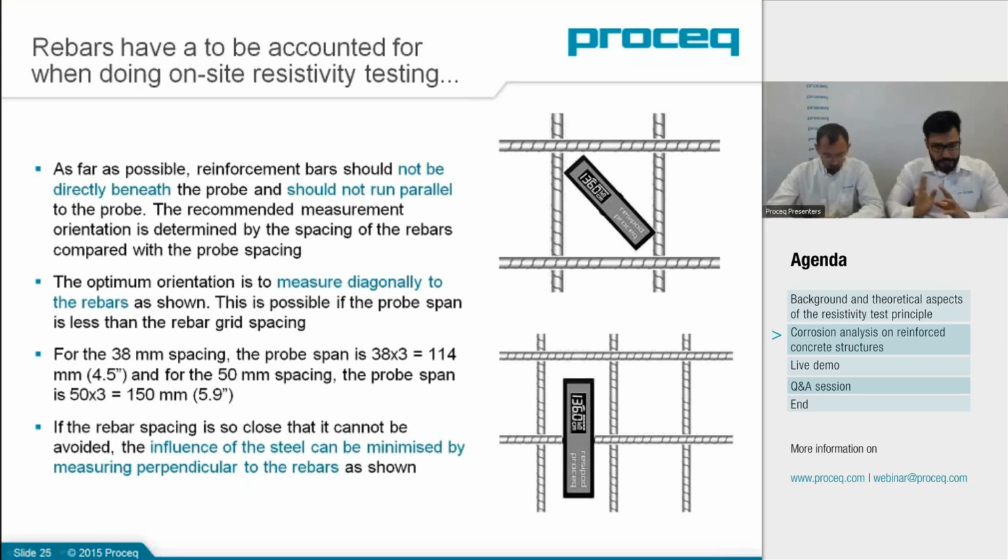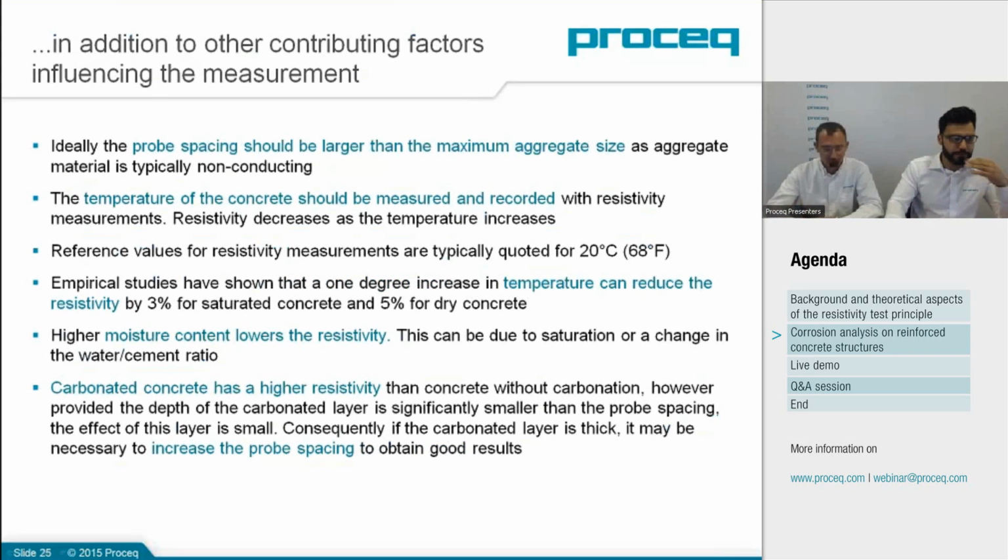But number one priority when you do a resistivity test: get your rebar locator cover meter out and locate your rebar. That is unavoidable. So the number one rule is to always know where your rebars are and what your cover is, because that dictates the health of your resistivity measurements.